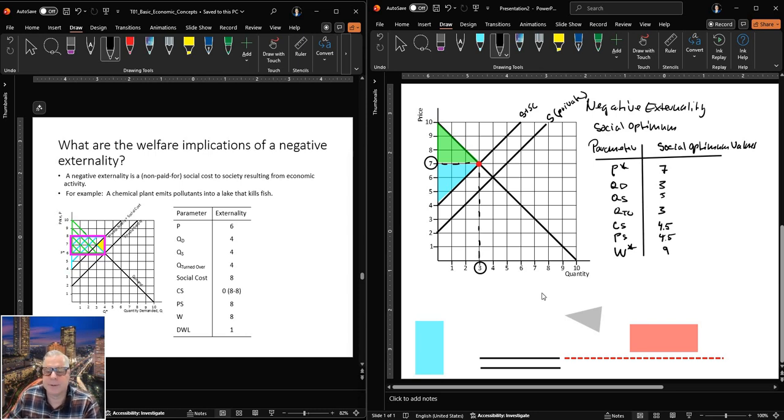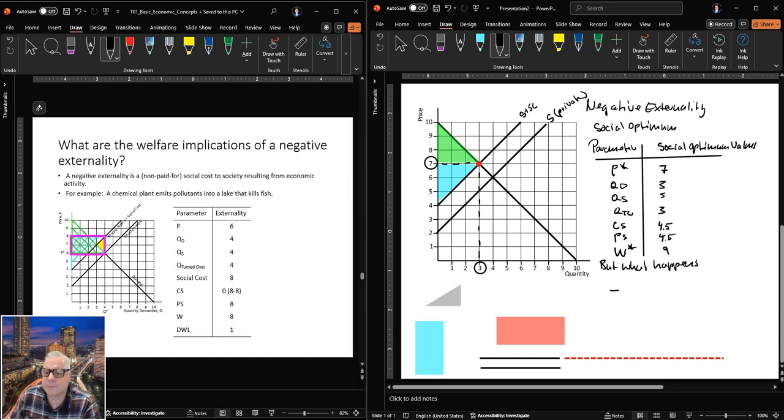But now we have to ask the question, what is actually taking place? The question is, with a negative externality, what happens?